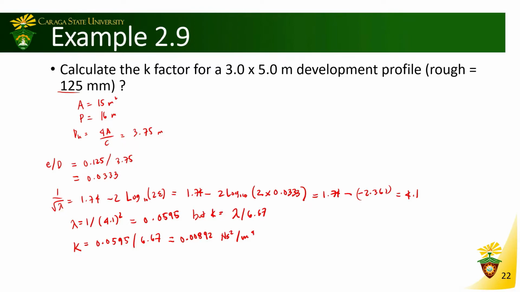So this gives us the value of k for a 3x5 development profile with surface roughness of 125 millimeters.